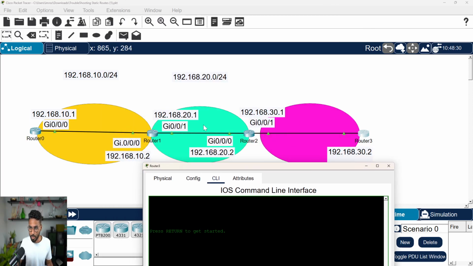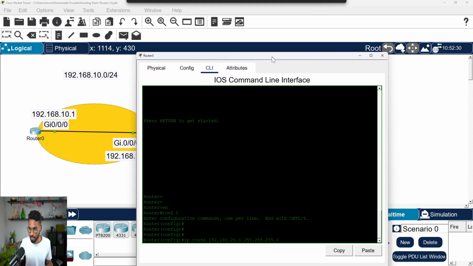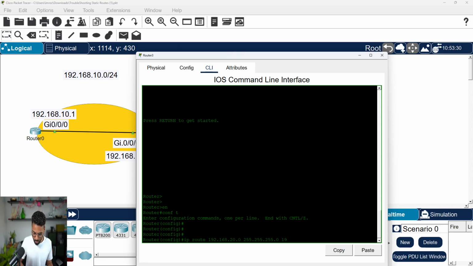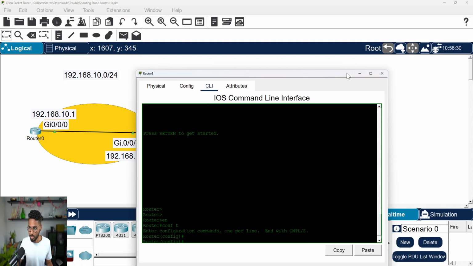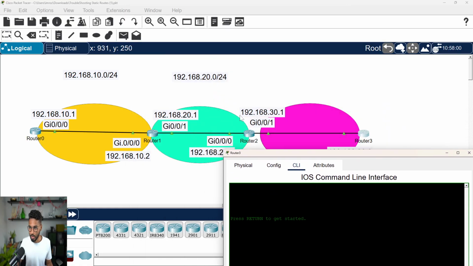So talking about this network, if it wants to go from here to there, it needs to take the first hop, which would be this, 192.168.30.1. Perfect.